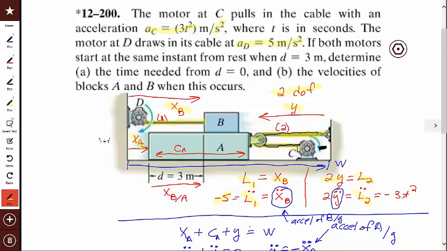Same thing here: L2 double dot is given, and it's negative because the rope is getting smaller. So there are my two equations. If you count the number of unknowns, you have XB double dot and Y double dot, so you can solve for Y double dot and XB double dot.